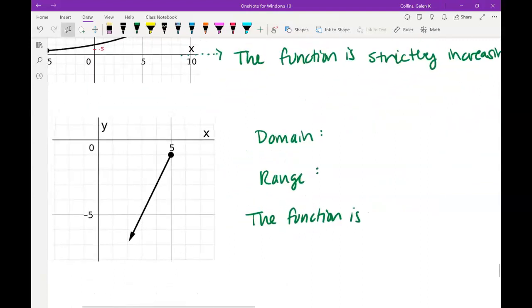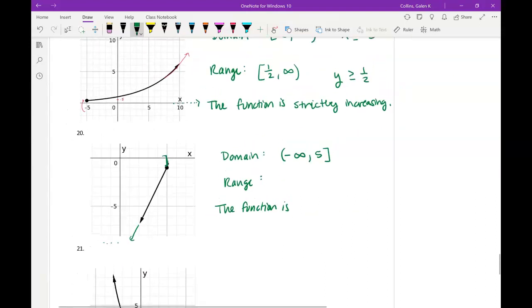All right, domain on this one, 5 is the endpoint of my domain. The arrow indicates that we keep on going forever and ever. So my domain is from -infinity to and including 5, or I could say that x is less than or equal to 5.